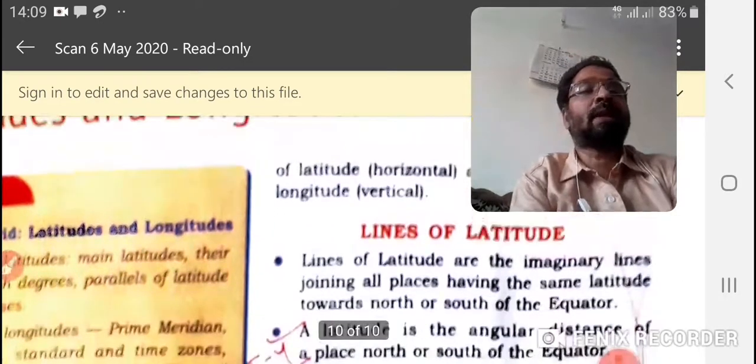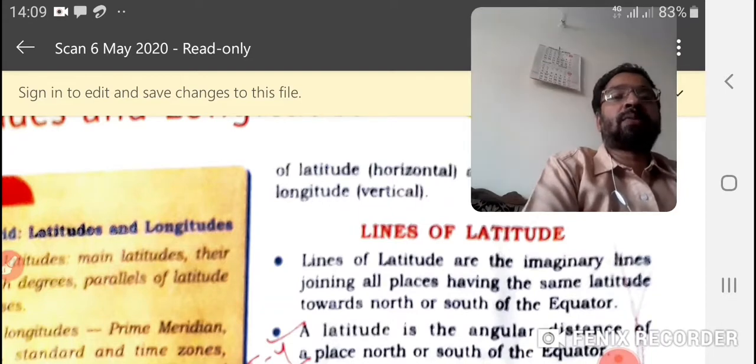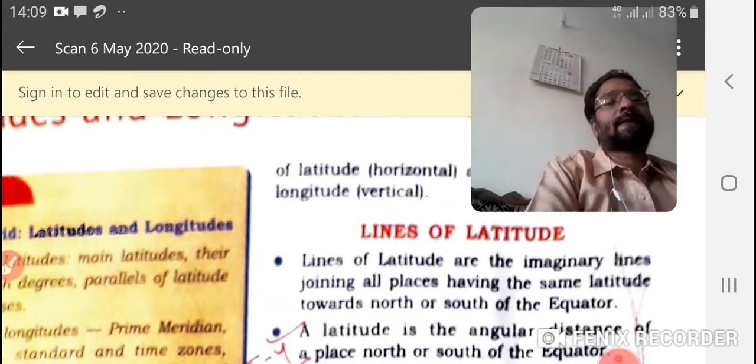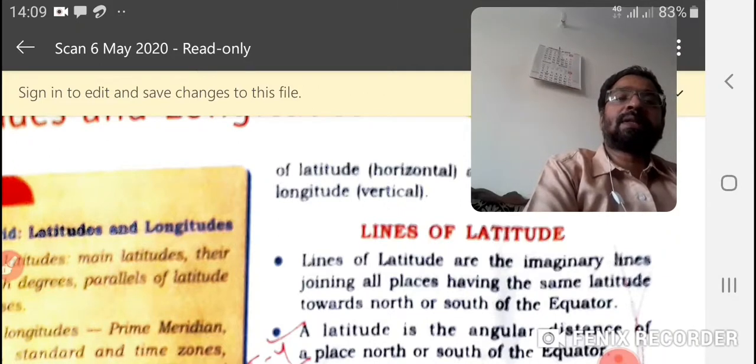Now let us learn about lines of latitude. Lines of latitude means horizontal lines. First you have to understand this is an imaginary line.